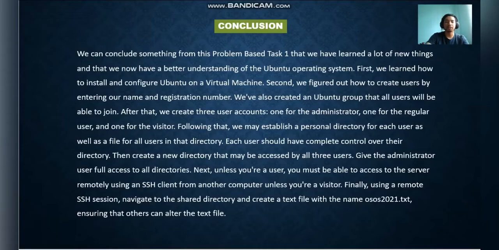Next, unless you are a visitor, you must be able to access the server remotely using an SSH client from another computer. And finally, using a remote SSH session, navigate to the share directory and create the text file with the name OSOS 2021.txt, and ensure that others can alter the text file.